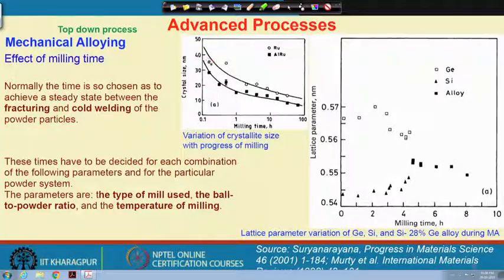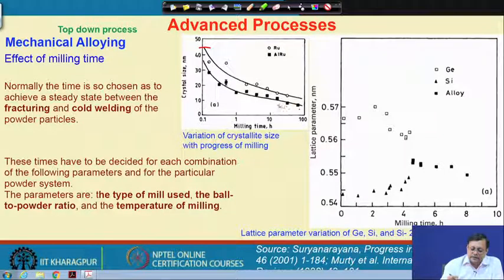So, those crystal sizes can be easily measured using X-ray diffraction and we call it not a crystal, it is a crystallite size. So, it means the individual domain that contributes to the diffraction. In that case that crystallite size can easily reach, within let us say 100 hours, from 50 nanometer to 10 nanometer. So, in 2 different chemistries it shows 2 different trends.